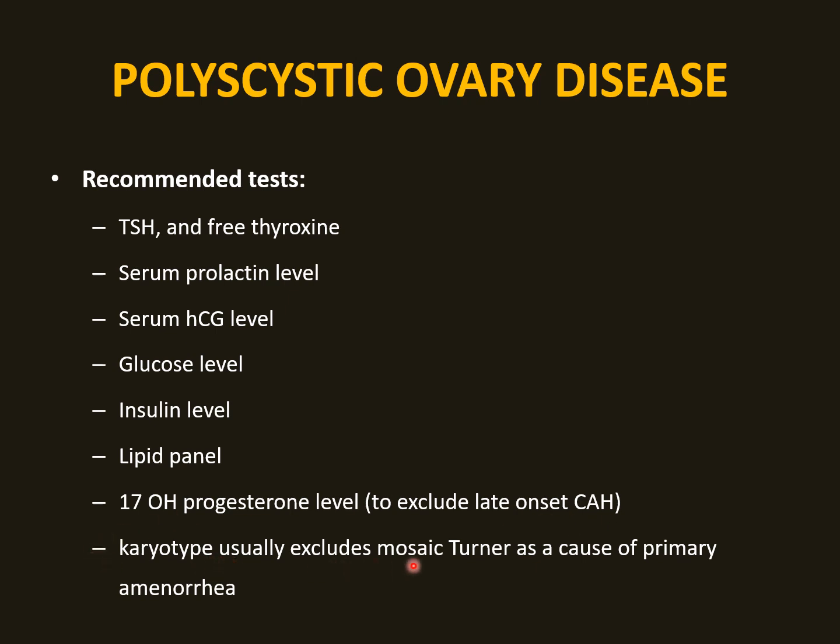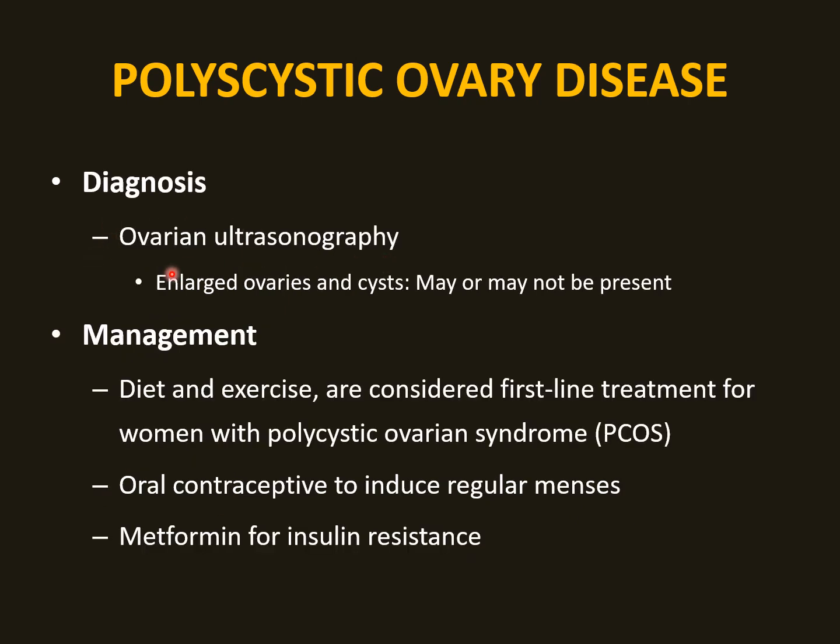Karyotype usually excludes mosaic Turner as a cause of primary amenorrhea. Diagnosis: ovarian ultrasound, enlarged ovaries, and cysts may or may not be present. Very important management: diet and exercise are considered the first treatment of women or girls with polycystic ovarian syndrome. Oral contraceptive to induce regular menses, metformin for insulin resistance.